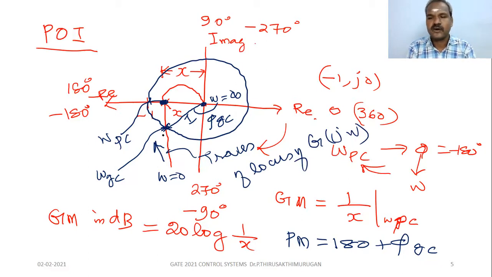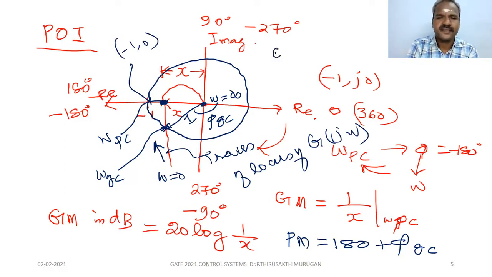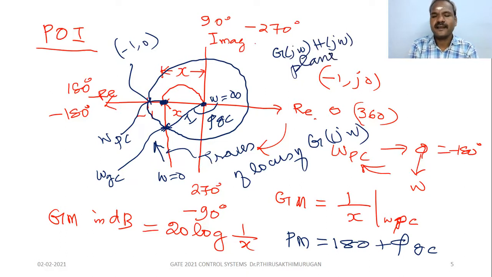This is phase margin and gain margin. Understand or not? This point is -1, 0, and this is the GH plane, the G of j omega, H of j omega plane. This is a typical polar plot I am drawing.